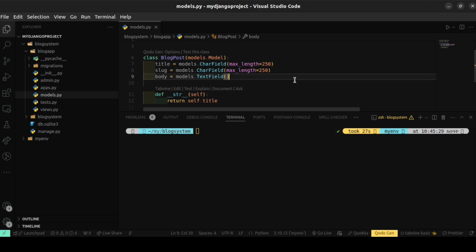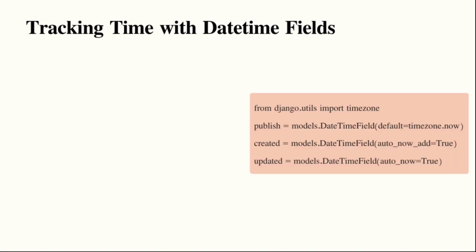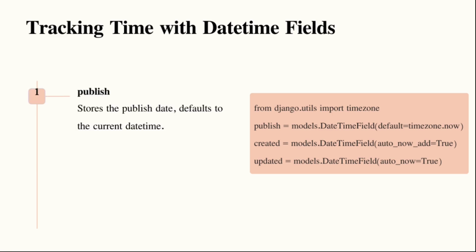We have typed our fields for the blog post model. Let's add more fields to our blog post model by adding time tracking fields. We are going to add 3 fields on our blog post model.